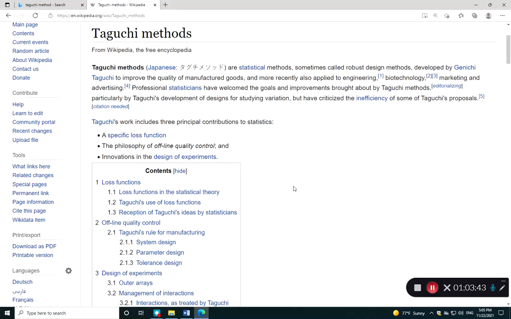But now suddenly they realized, how come the Japanese car is always running without any problems? It's a lot more reliable, a lot more consistent. So when they realized that, they found out that the Japanese followed a quality control or experimental design philosophy. And then they said, oh, the guy behind this is Taguchi.